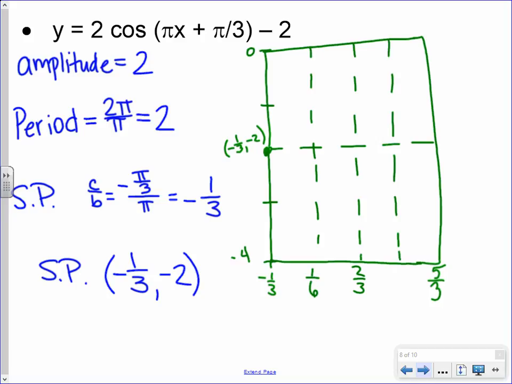Then if we look halfway between 2/3 and 5/3, we find the average, add them together to get 7/3, cut it in half to get 7/6. Like I said, some of you may need to do some chicken scratch off to the side. There's nothing wrong with that. But once you get those labeled, okay, the hard work is over.